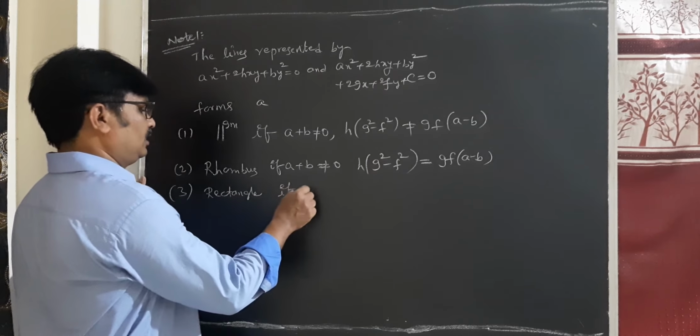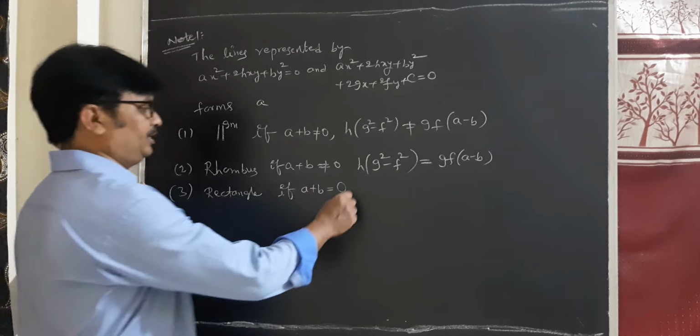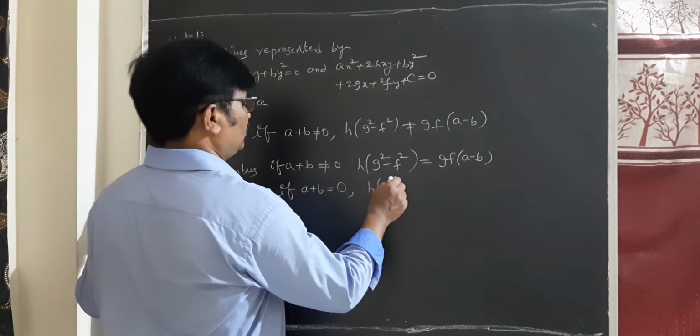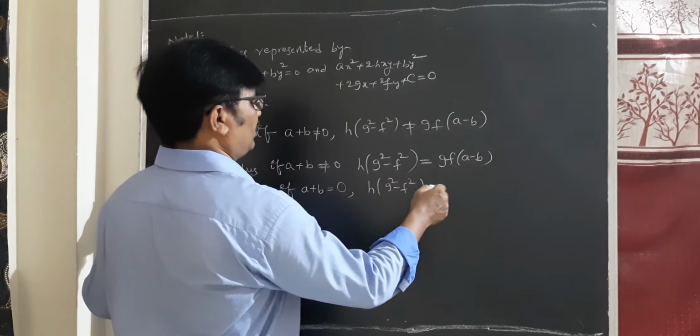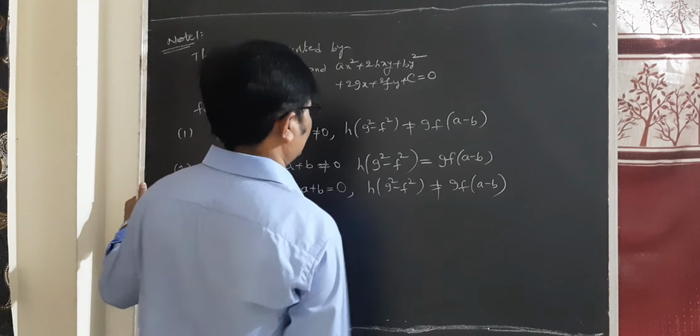Undoubtedly, students, A plus B is 0, the angle between the adjacent sides is 90, and H into G square minus F square is not equal to GF into A minus B.